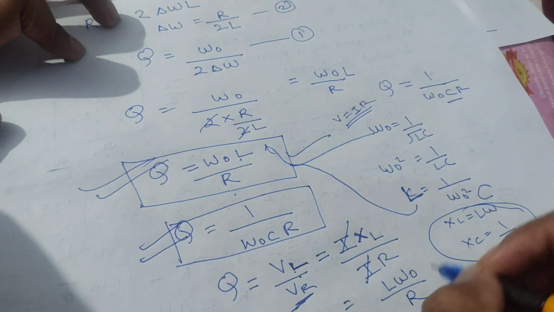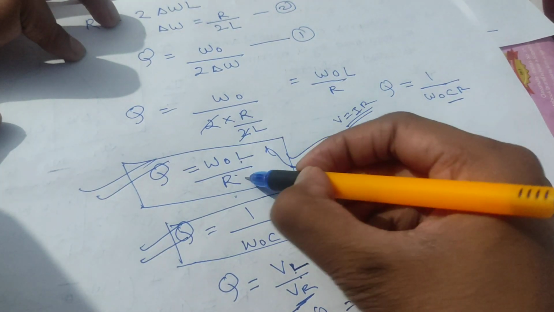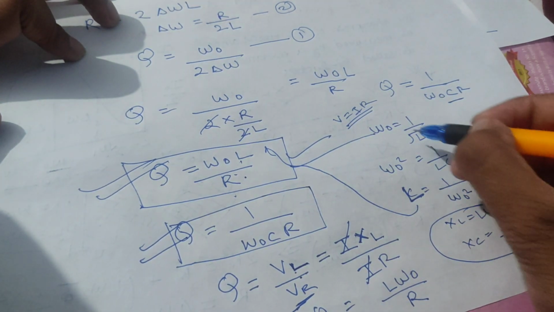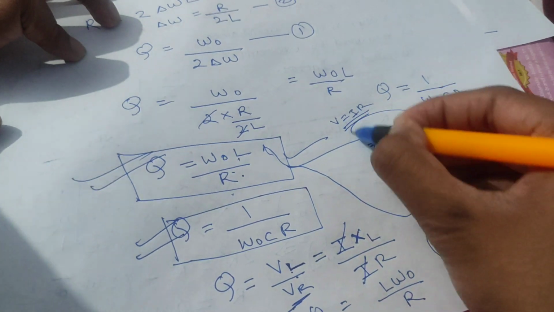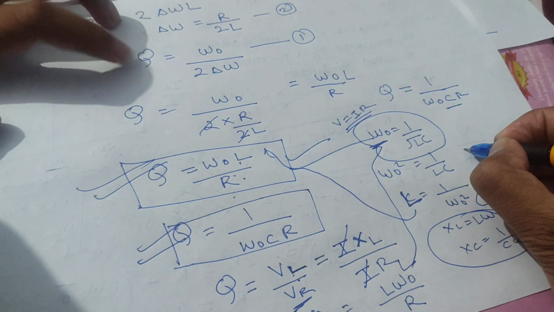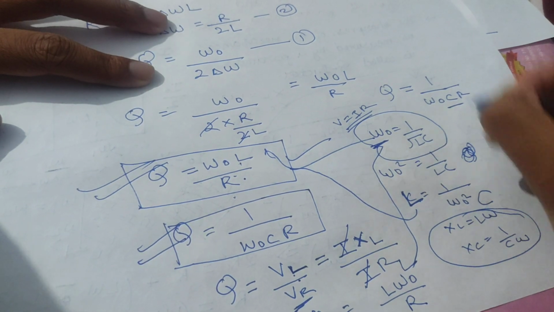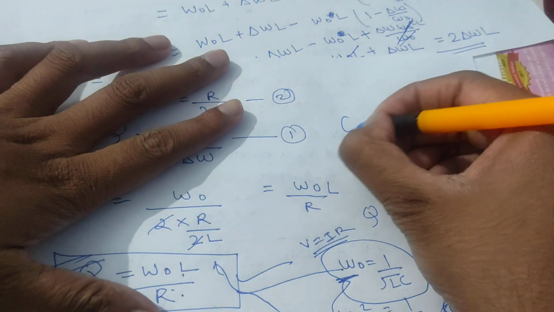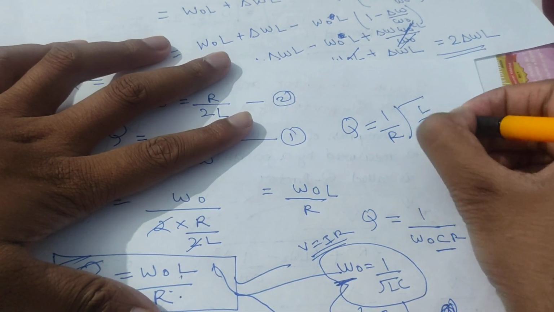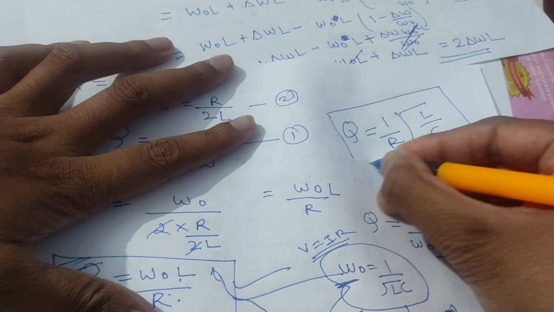This we found very easily from what we had derived. When you put this value here, we'll get Q equal to 1 by R under root L by C. So how many Q formulas are here?